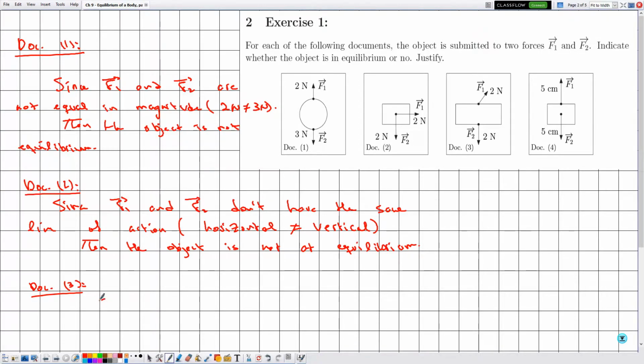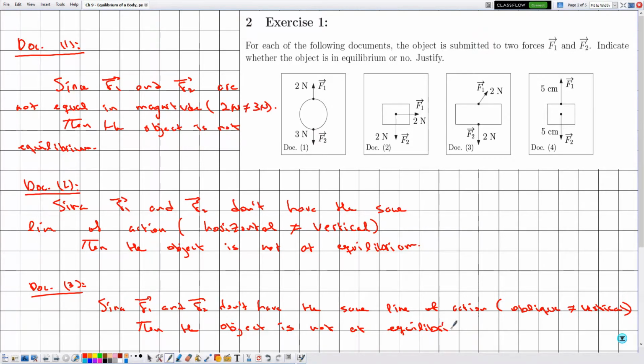Then let me say, since F1 and F2 don't have the same line of action, and this is because oblique is different from vertical, then the object is not at equilibrium.